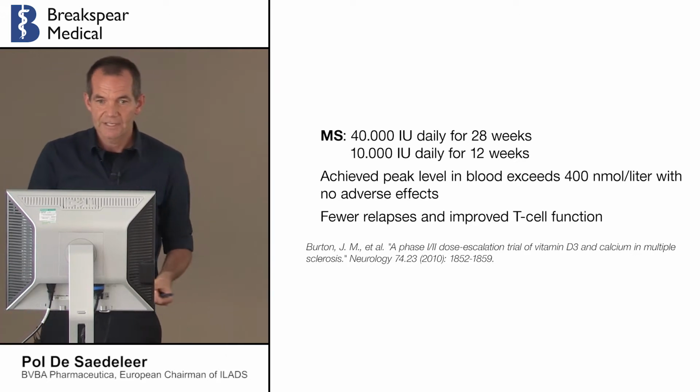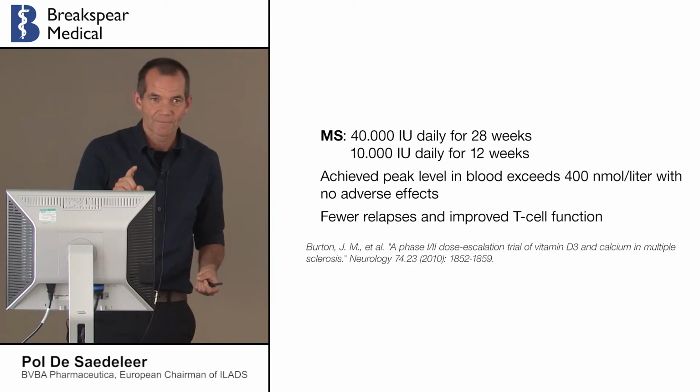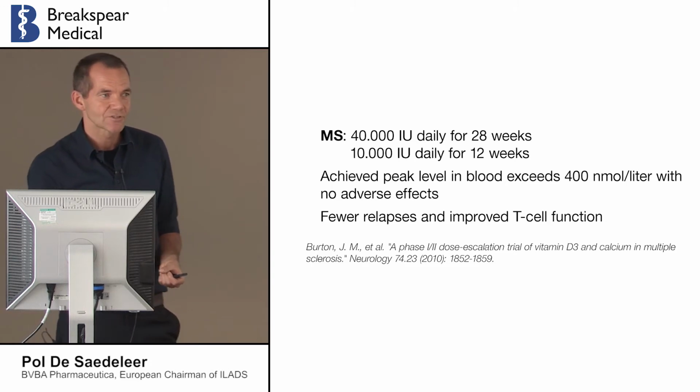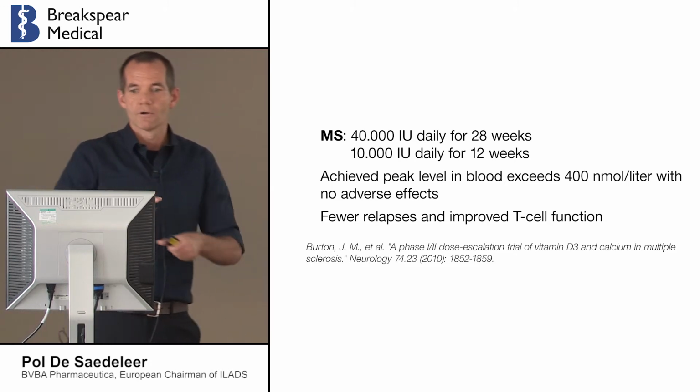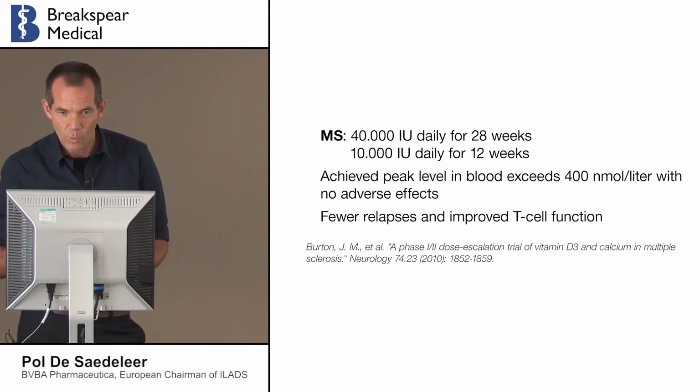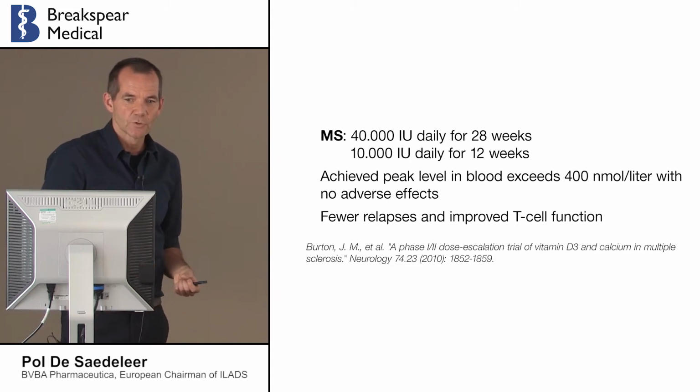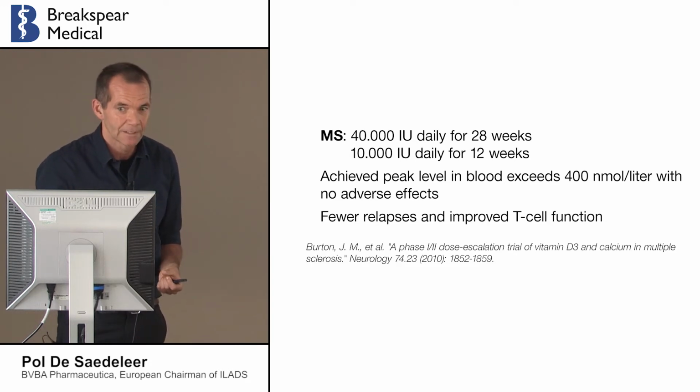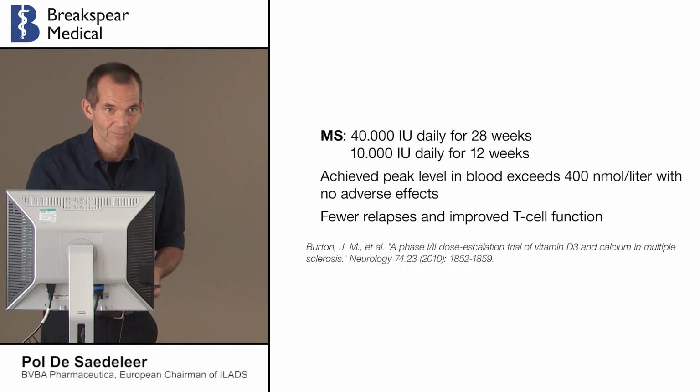This is a great study in MS patients. It's important to know that high doses of vitamin D3 are used in the studies, are required. In this study, we use 40,000 units a day. So that means that we achieve a peak blood level exceeding 400 nanomole.